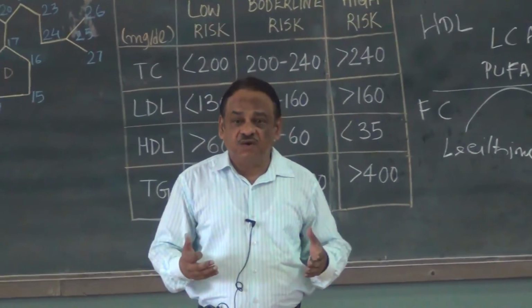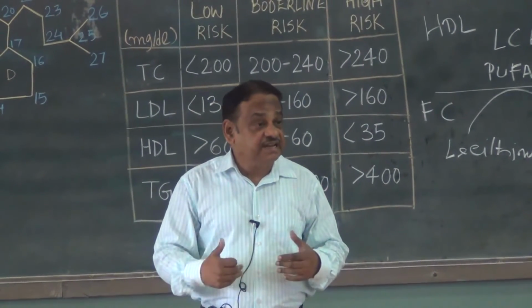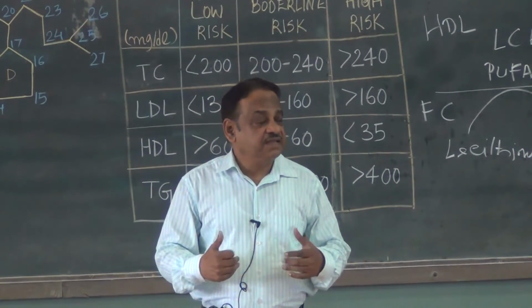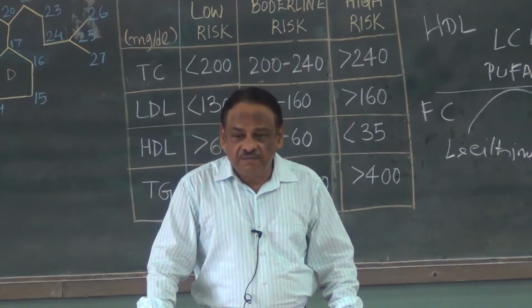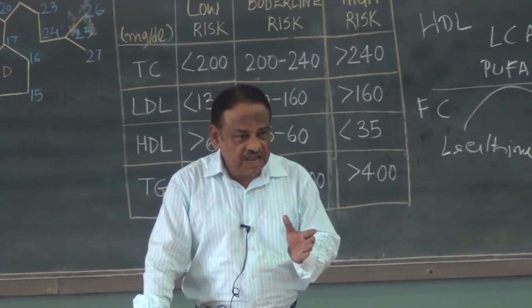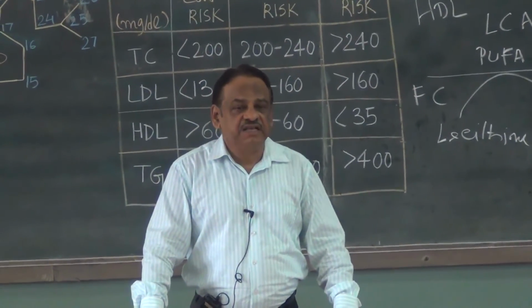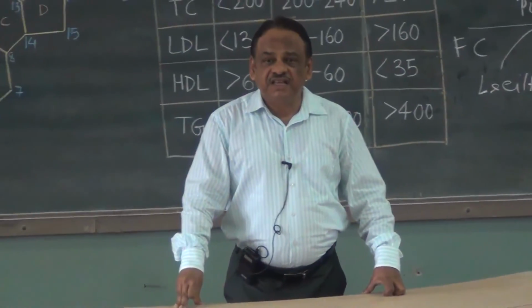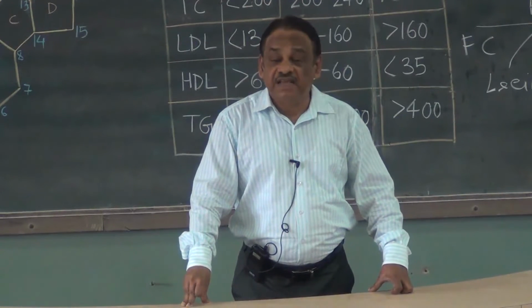You can also find out the BMI, body mass index, but a better indicator is waist circumference. How much should it be? In females it should be below 80 centimeters, and in males below 90 centimeters, because there is a difference in the distribution of fat in males and females.